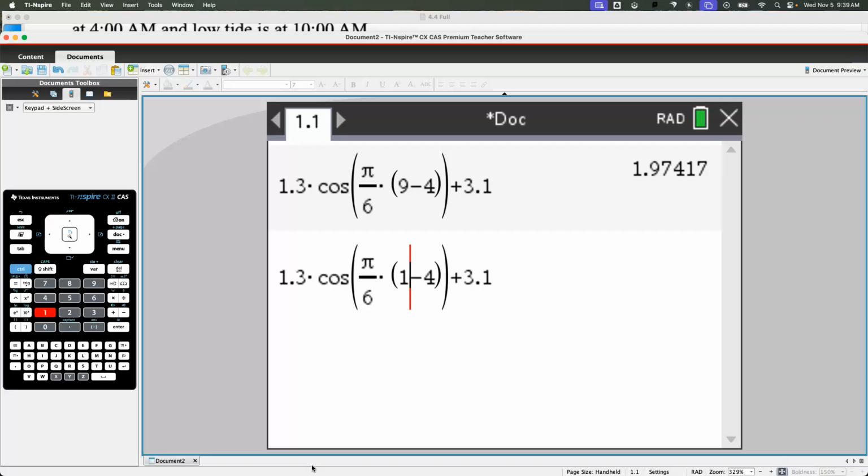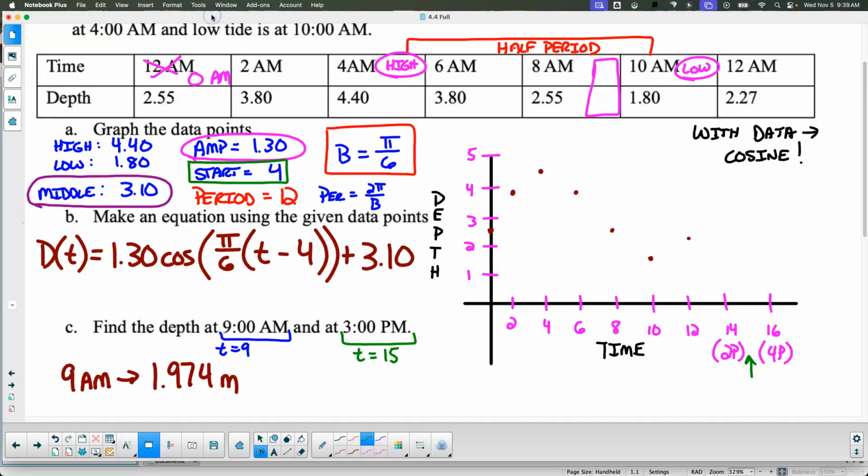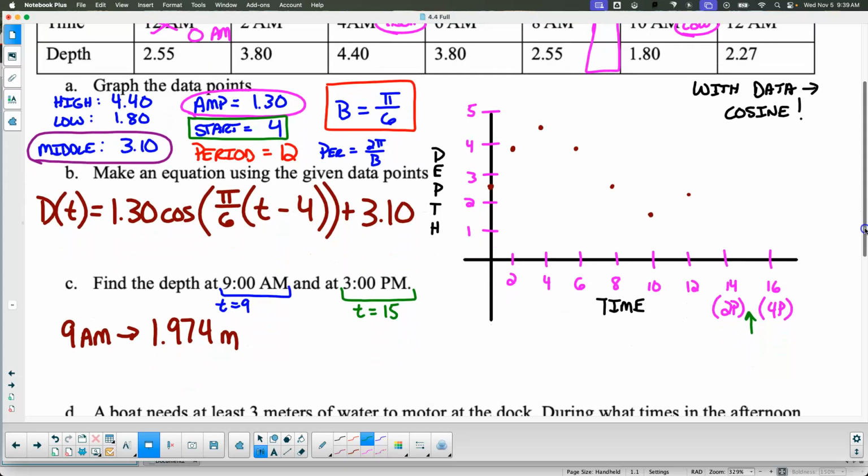And then you just change the 9 to a 15. And you get 4.226 meters. Good?